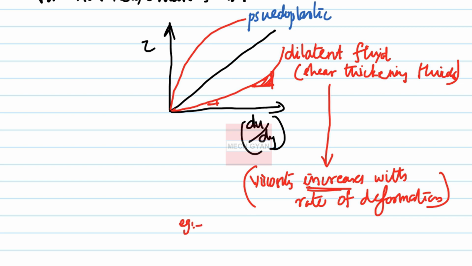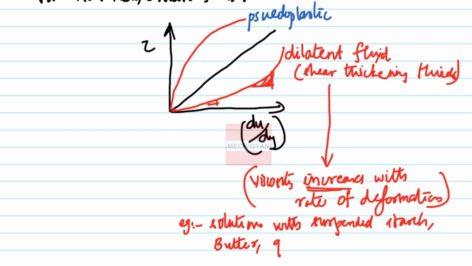Examples of shear thickening fluids are solutions with suspended starch, butter, quicksand, sugar in water, aqueous suspension of rice starch, etc.